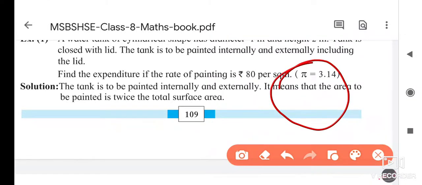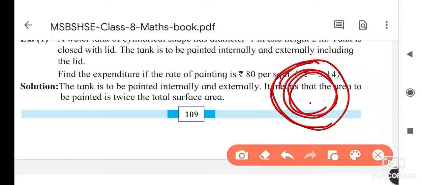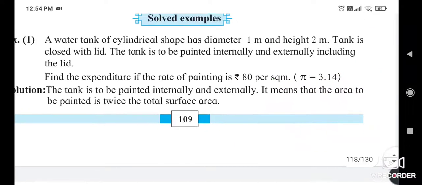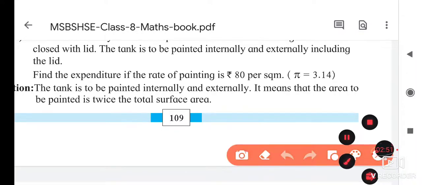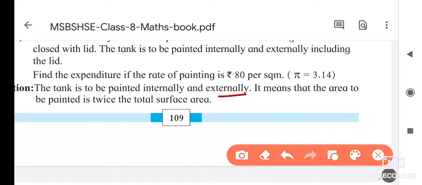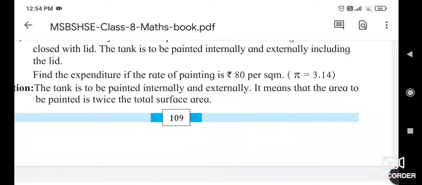How much water can fill inside the tank, that time we take the volume into account. But here we have to color the outer side of the tank, that's why we have to use the surface area formula. The tank shape is cylindrical, and the lid also we have to consider.